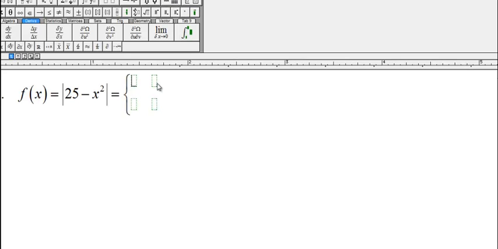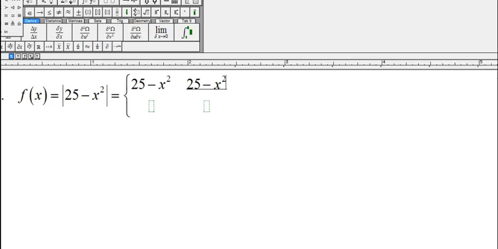And so that is 25 minus x squared when the 25 minus x squared is greater than or equal to 0, and it's the opposite of that, which would be x squared minus 25, when the 25 minus x squared is less than 0.